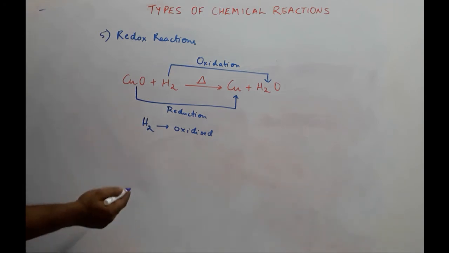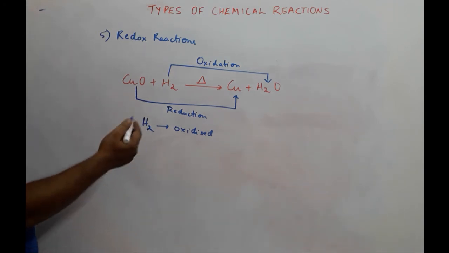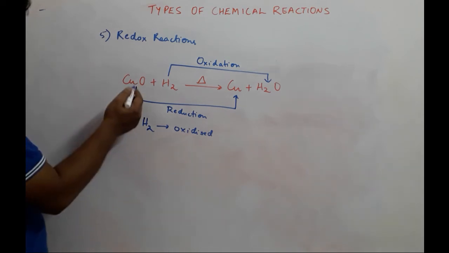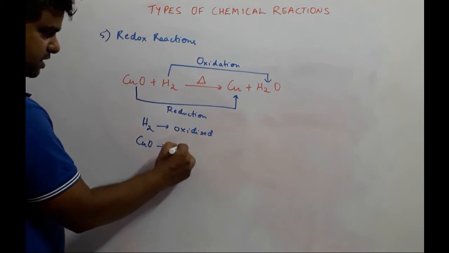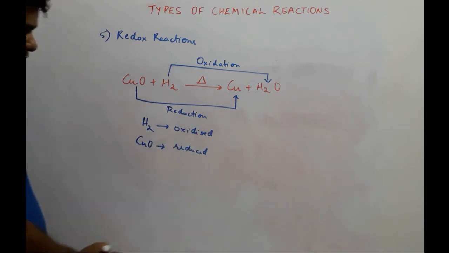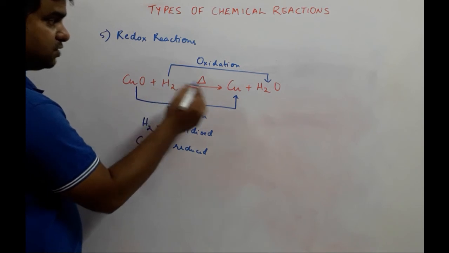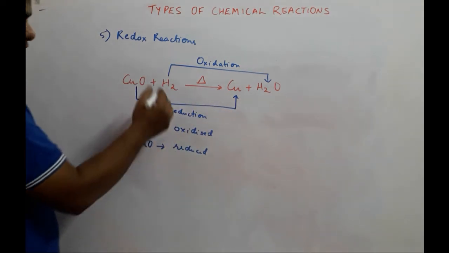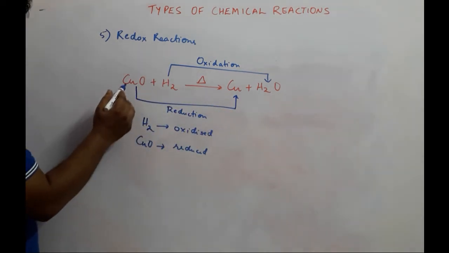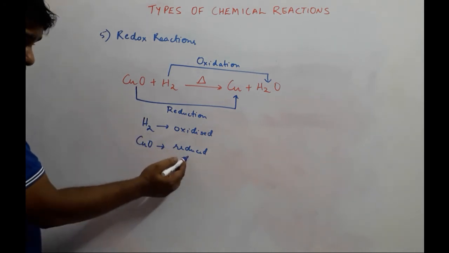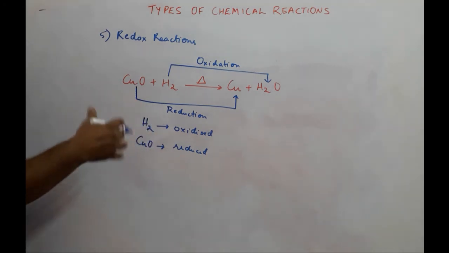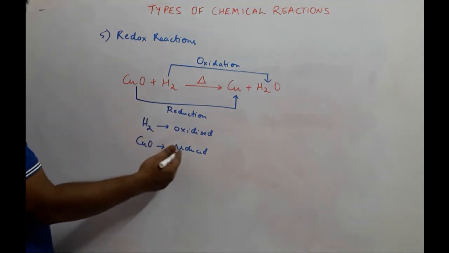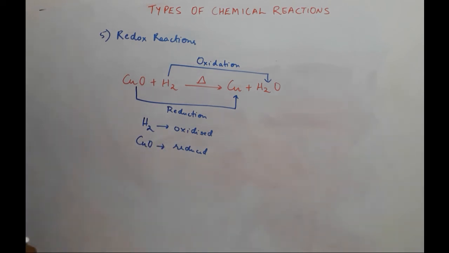Now, if a substance gains hydrogen or loses oxygen, like in this case, then Cu can be said to be reduced. It is said to be oxidized when it gains oxygen or loses hydrogen, and in this case CuO is said to be reduced because it loses oxygen. But if there is a substance which actually gains hydrogen, then it is also said to be reduced. So this is what it means by oxidized and reduced.